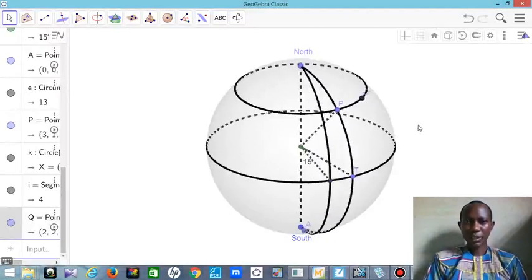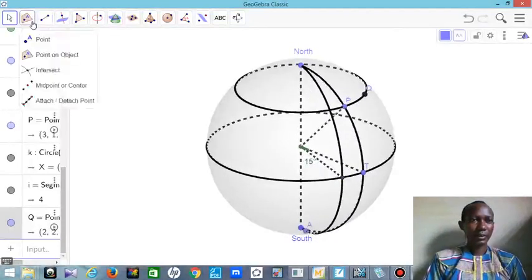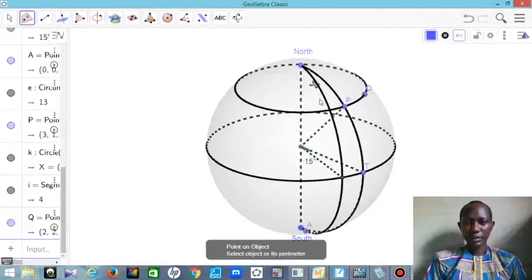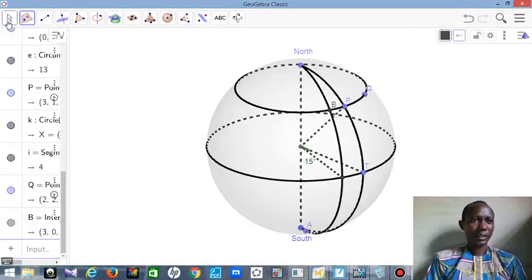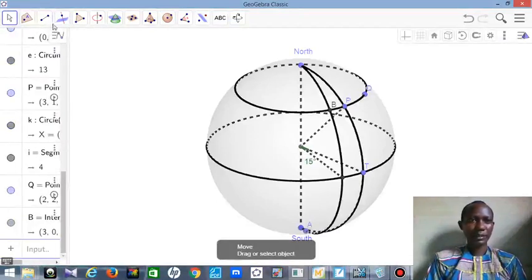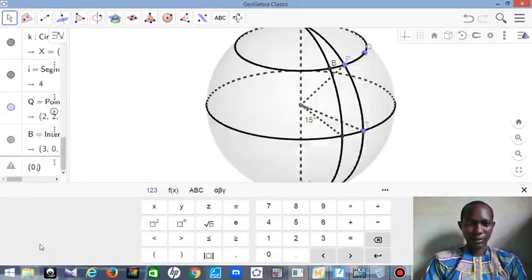Let me put the angle so that we can see it very well. So let me put this point here. Okay, I want you to get it very well. Okay, I have this now.